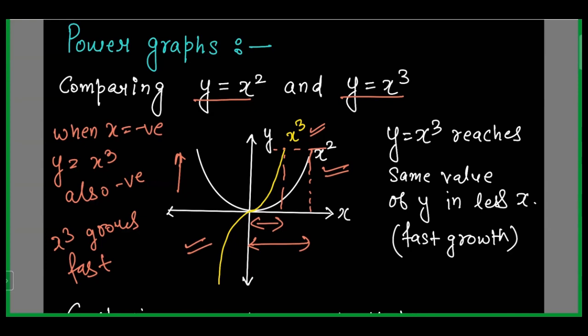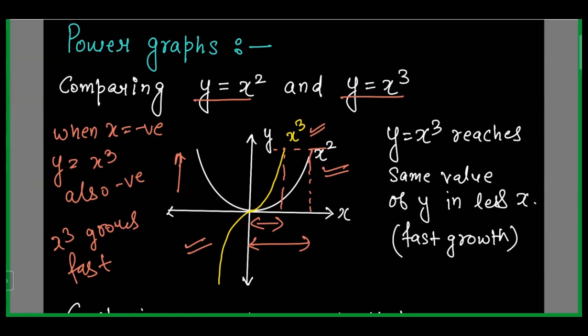So the x cube graph grows very fast, but the x square graph grows a little slower than x cube. So x cube is a fast growing function, but x square is a slow growing function. That we can clearly see from our graph.